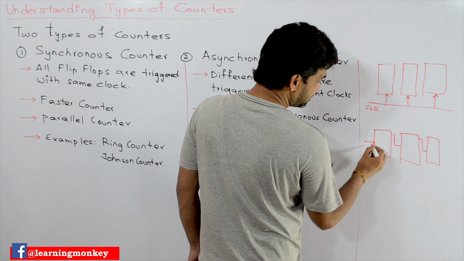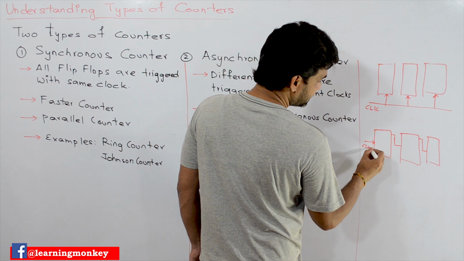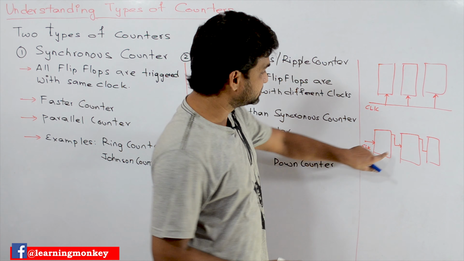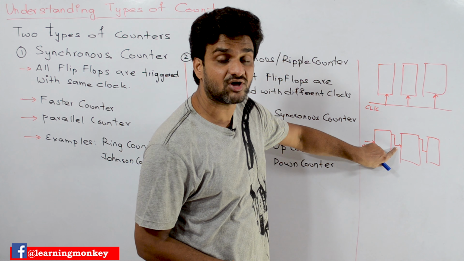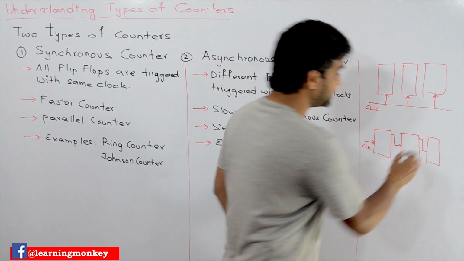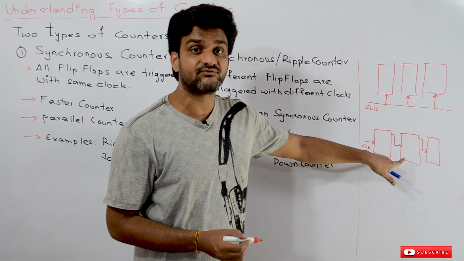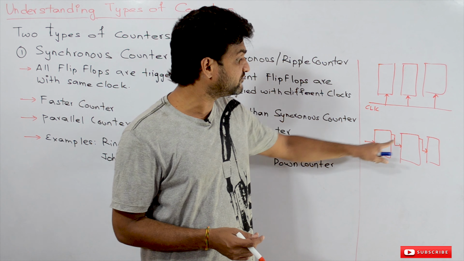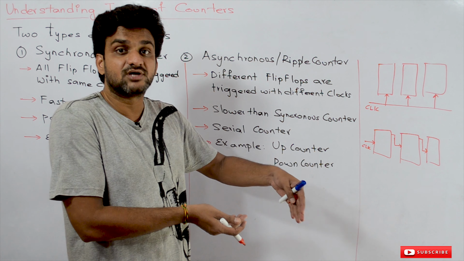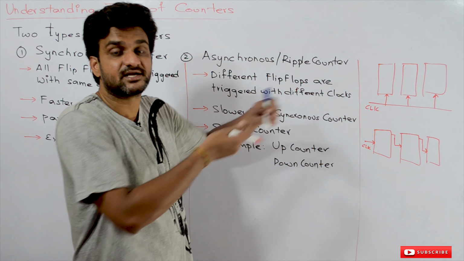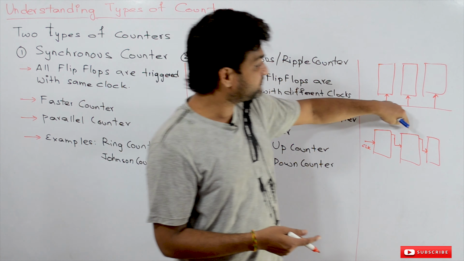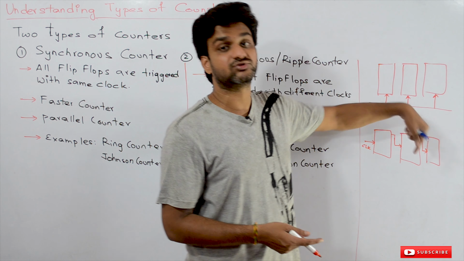This is the general clock provided, and the input for the next clock is the output of this flip-flop, and the output of that flip-flop is connected as the clock to the following flip-flop. We have seen this kind of design in our previous class: the output of the first flip-flop is connected to the next flip-flop as the clock, and the output of the second flip-flop is connected as the clock to the third flip-flop.